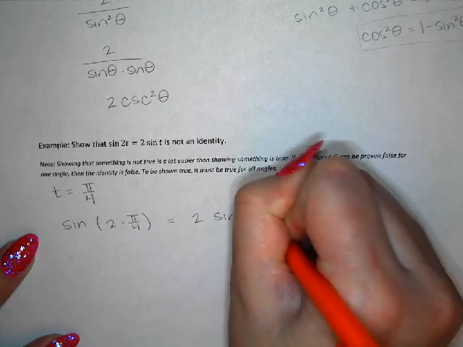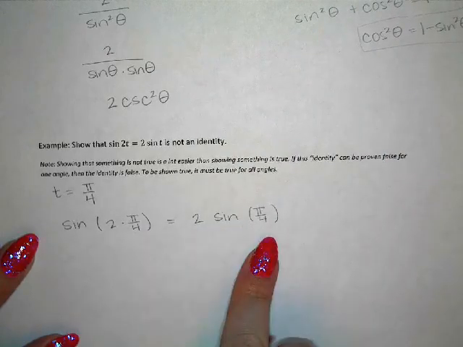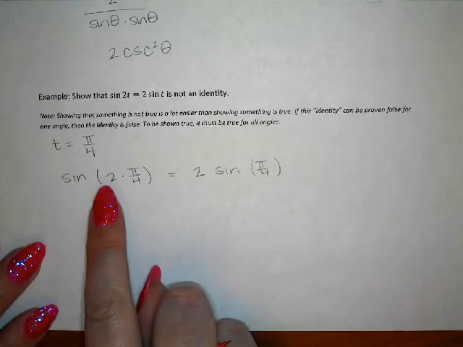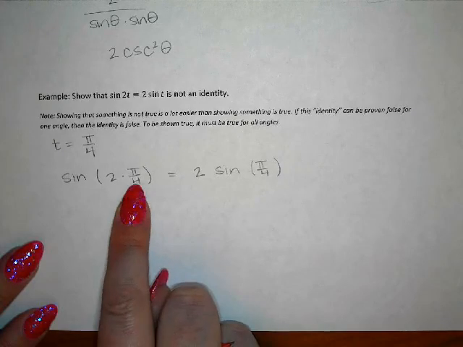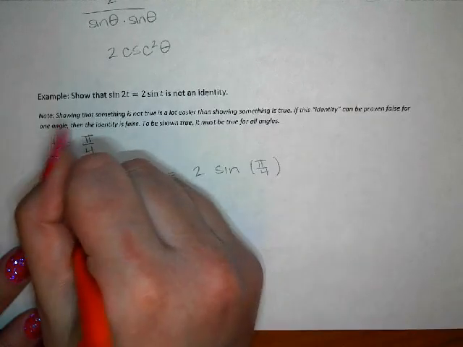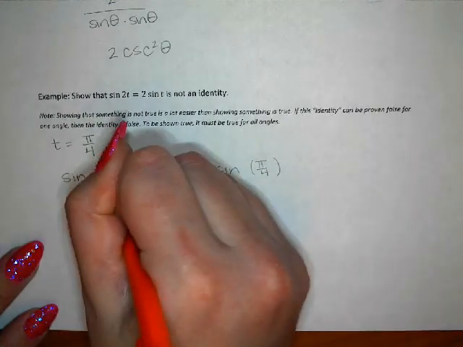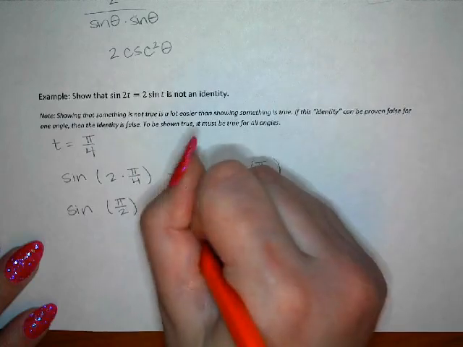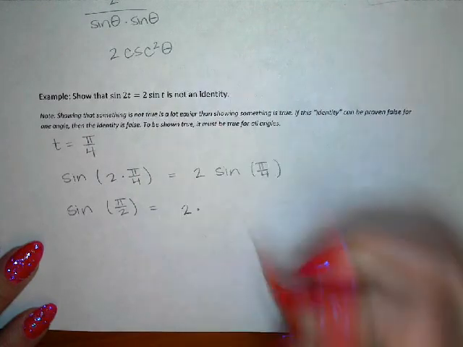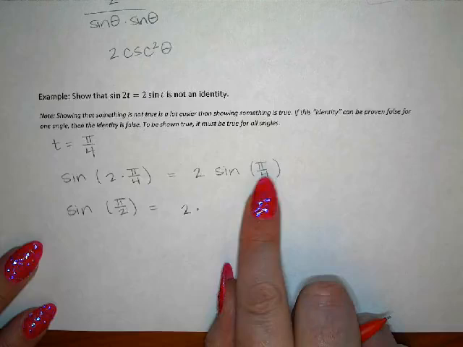So sine of pi halves. Okay, 2. And then sine of pi fourths, if I look at the unit circle and I look at pi fourths, the y-coordinate there is root 2 over 2. So 2 times root 2 over 2, well, the 2's just cancel, and we end up getting root 2.